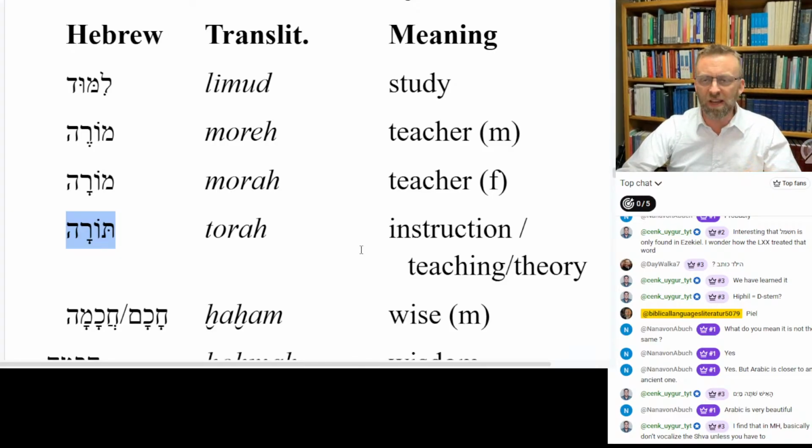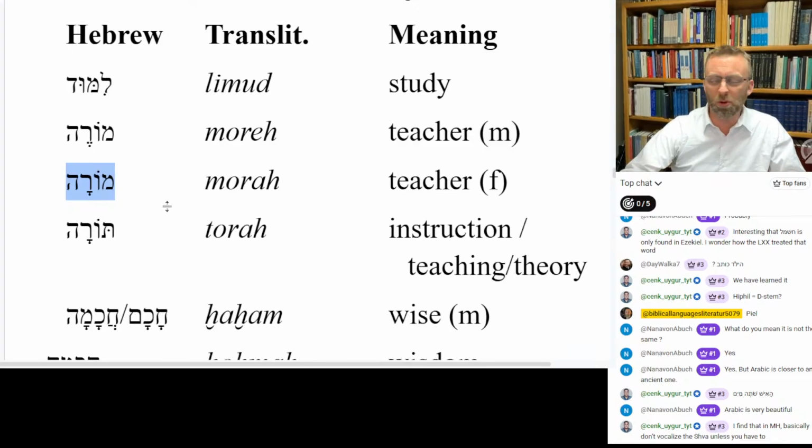Or rather, it's a noun prefix. You can add a tav to a verbal root, and it will make it a noun. Torah. The mem is also a prefix that makes it essentially a participle. Okay, we'll talk about that. But the words more and mora are technically biblical Hebrew participles.